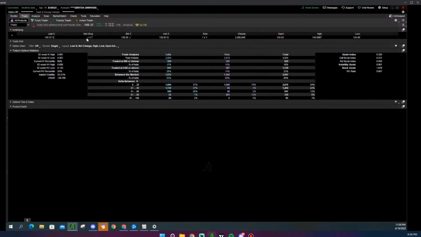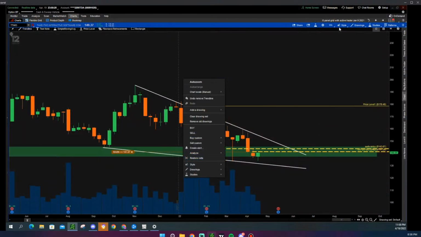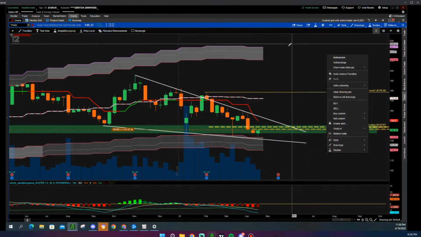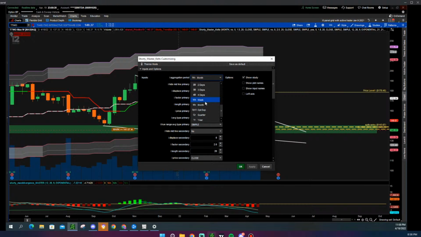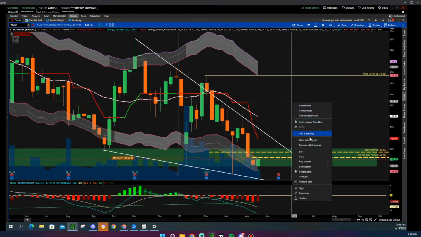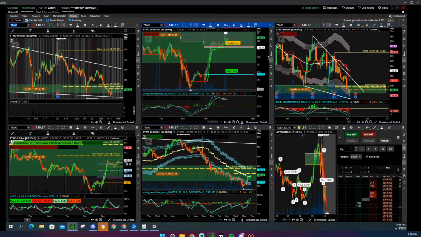Because we said it was on the monthly bottom. This is our monthly bottom, dude. So monthly bottom, weekly bottom, monthly, weekly, and daily bottom.